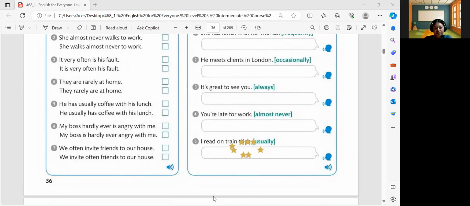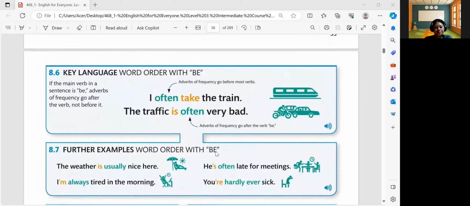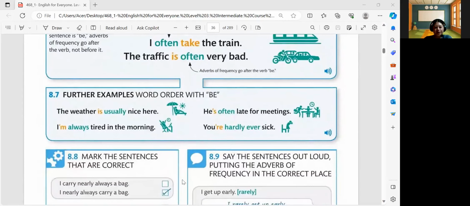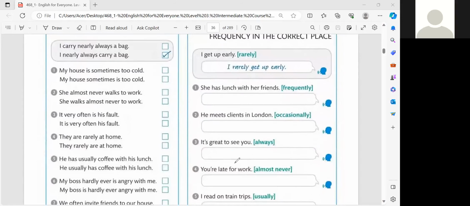By the way, before we proceed, let's go back here. Can you give me an example using the word rarely? Can you give a sentence? I rarely cycle to school.